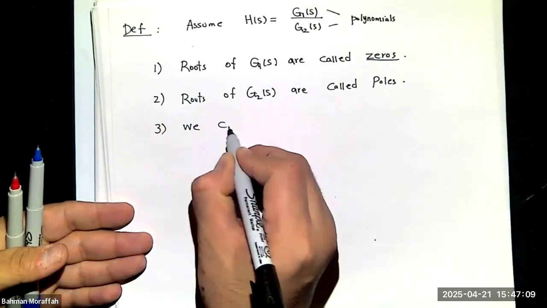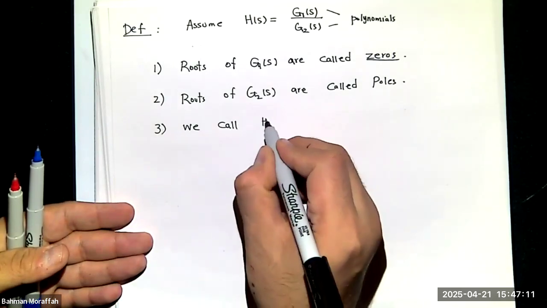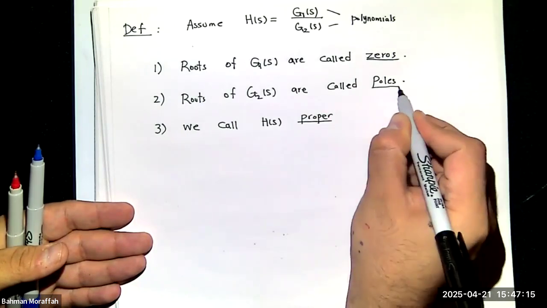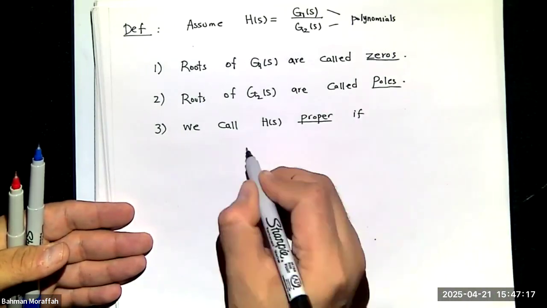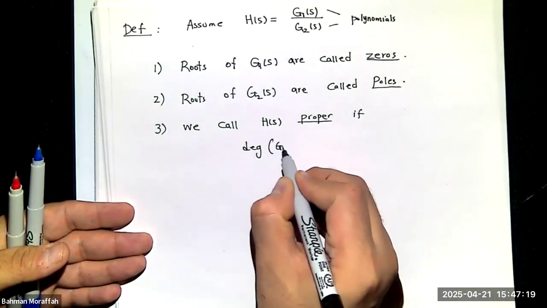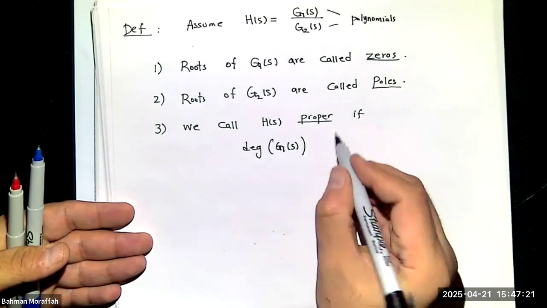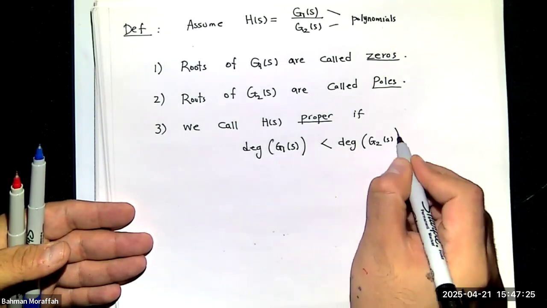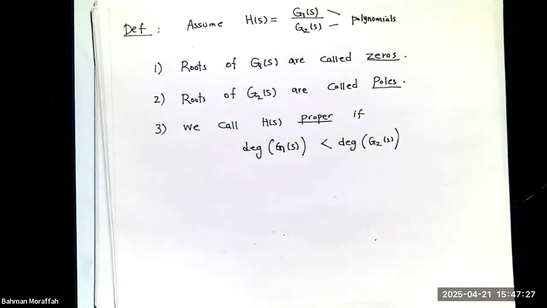We call h of s proper if degree of g1 of s is less than degree of g2 of s. Right? What if it's not? If it's not, it means the function is improper, it's not proper.